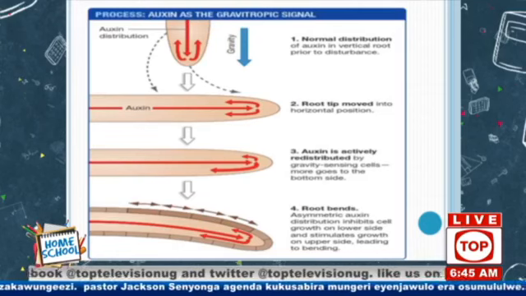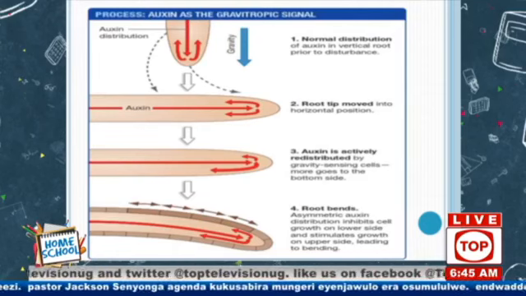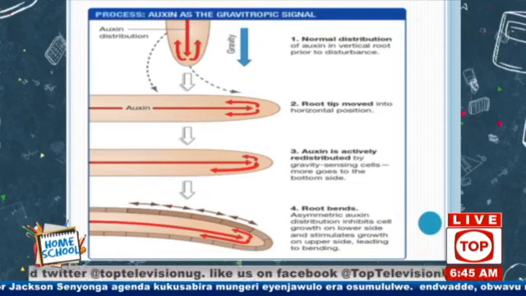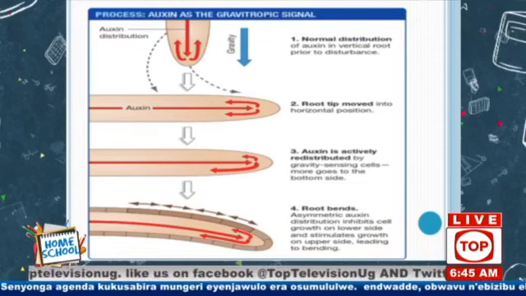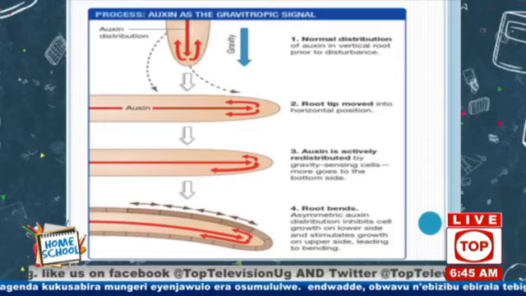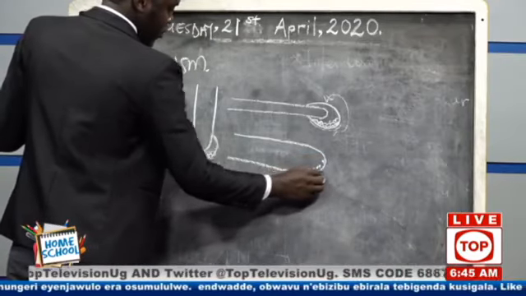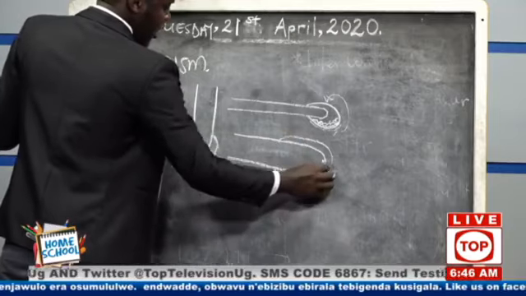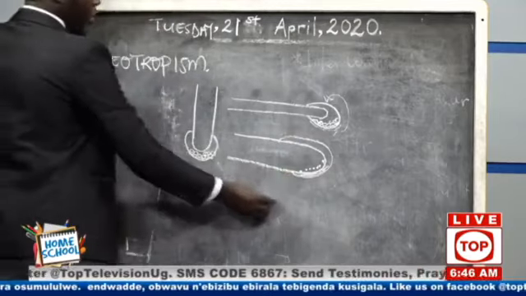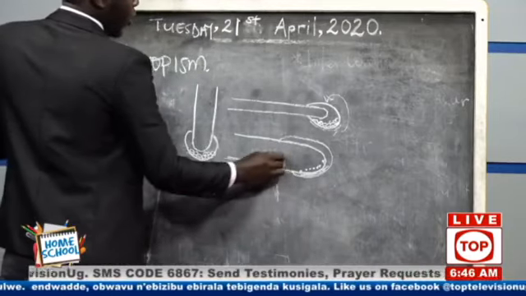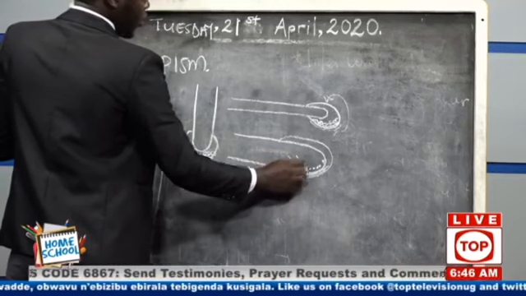What does that mean? If it is this side where we have the amyloplasts, let me make it a bit bigger. If we have the amyloplasts distributed down here, because gravity is this side, we are going to have auxins distributed more to this side.